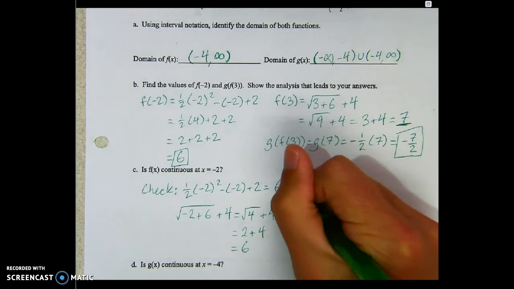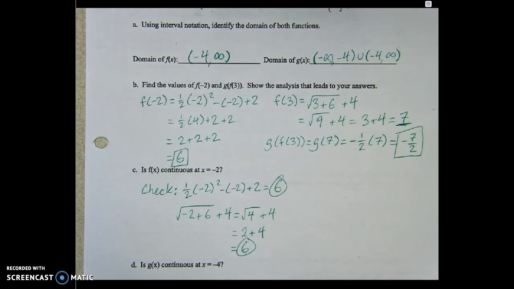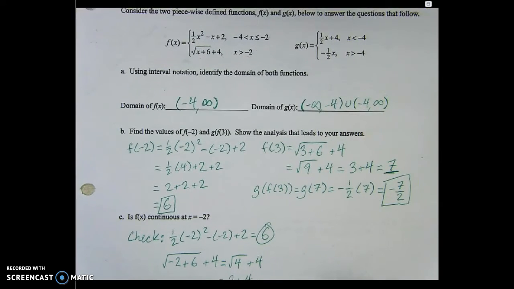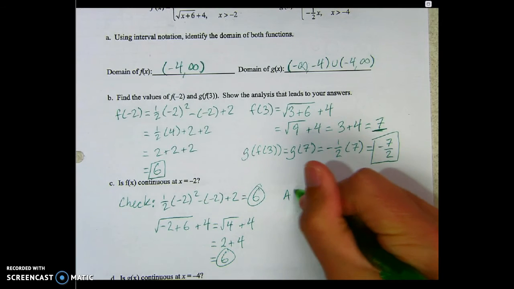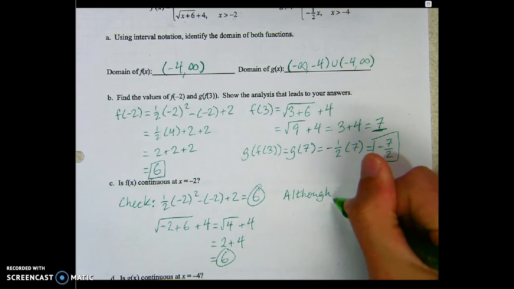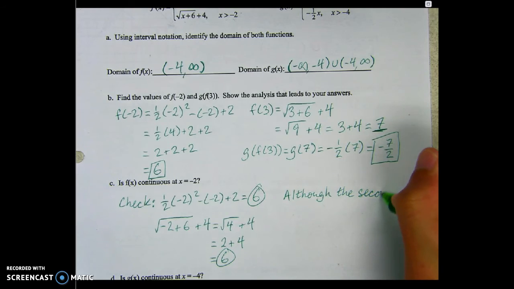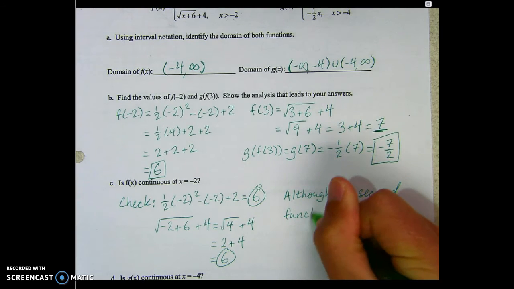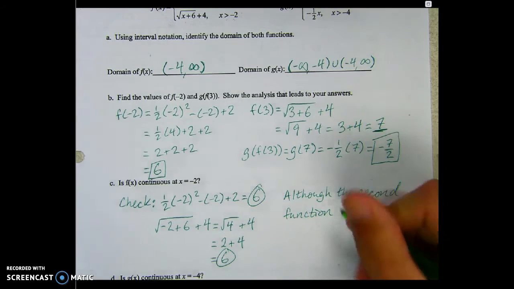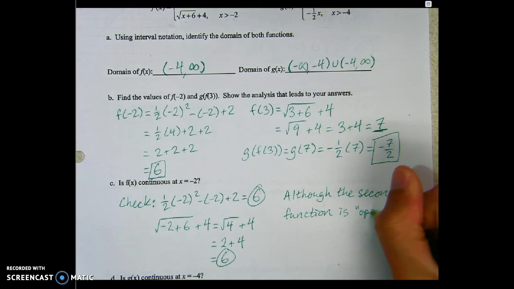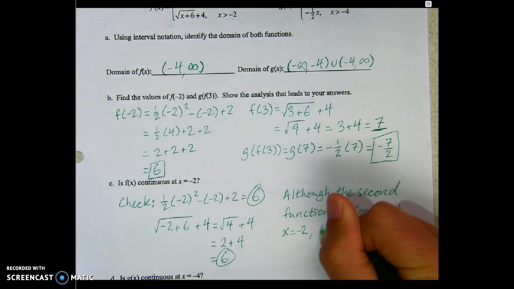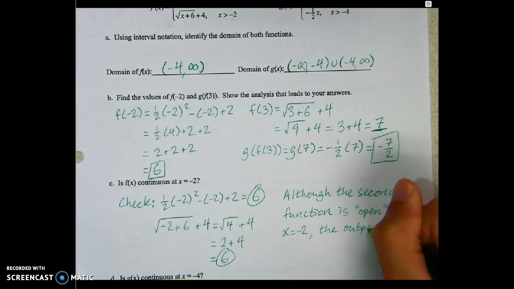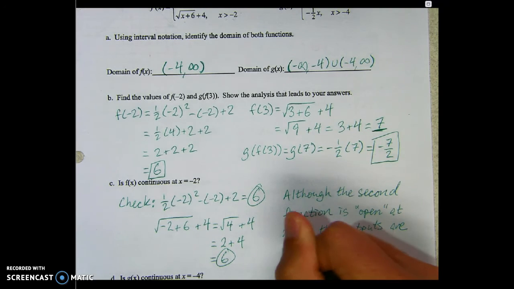Okay, so because the function is equal to 6 for both the top function and the bottom function, that means that although the second function is open at x equals -2, the outputs are equal.